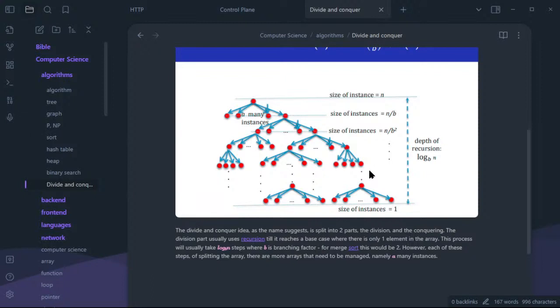The size of instances equals n divided by b squared.